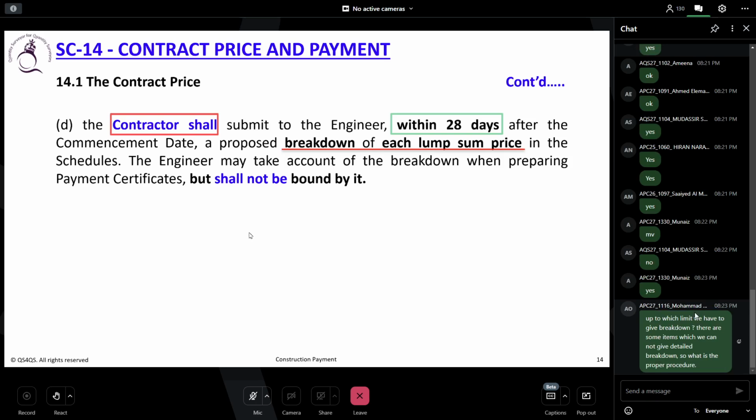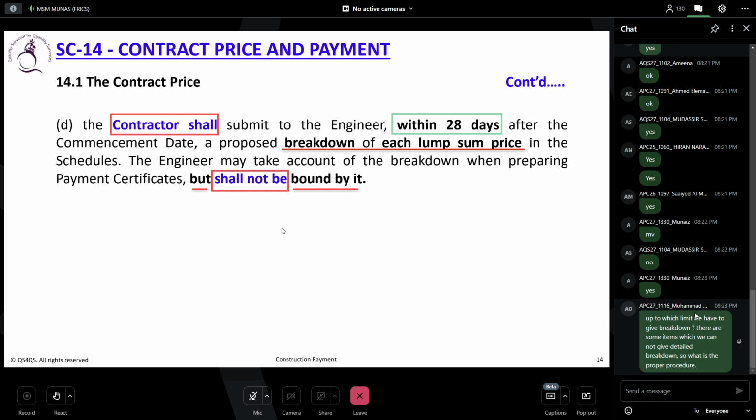Look at this. This is another problem. It says if you have the lump sum price in the schedule, the engineer may take account of the breakdown when preparing the payment certificate, but shall not be bound by it. So do you understand? He is not bound by your breakdown. Then what is the objective of giving this breakdown? You will understand what I am saying here.